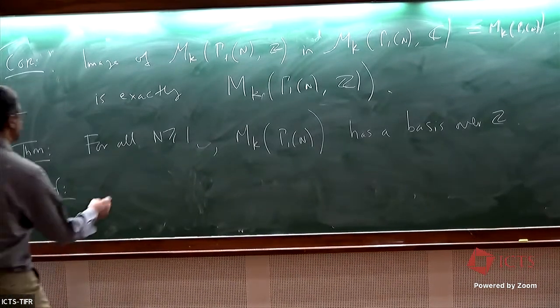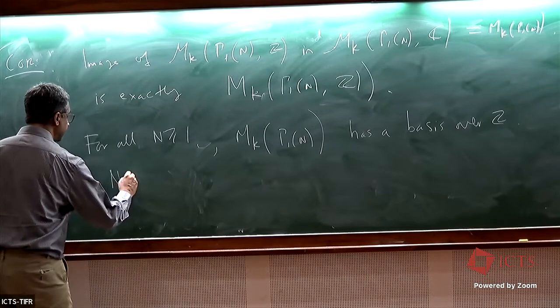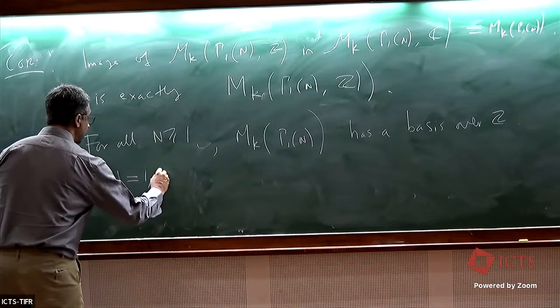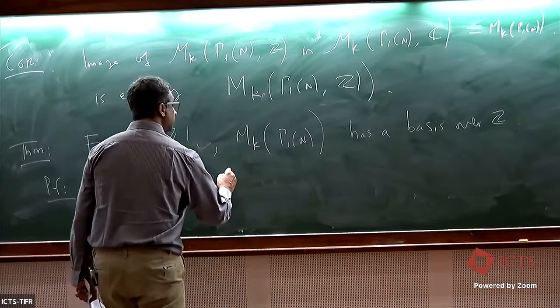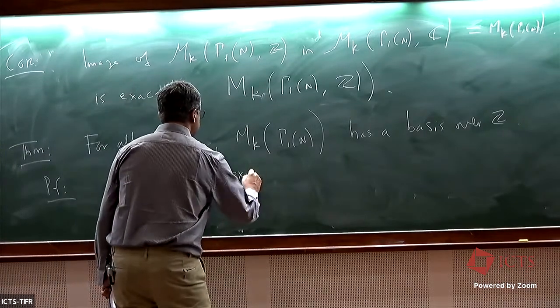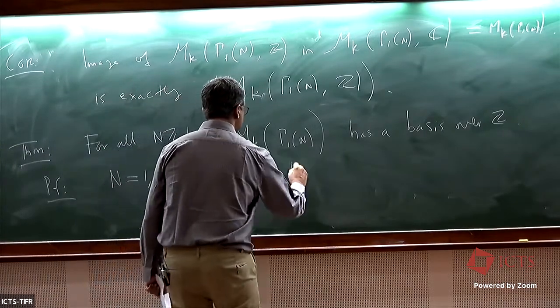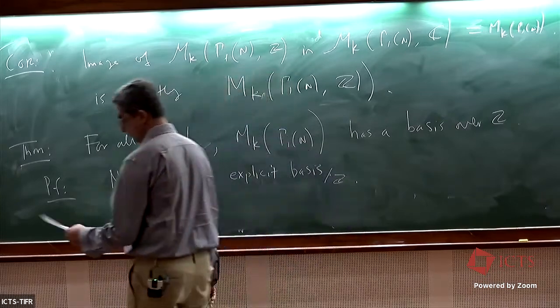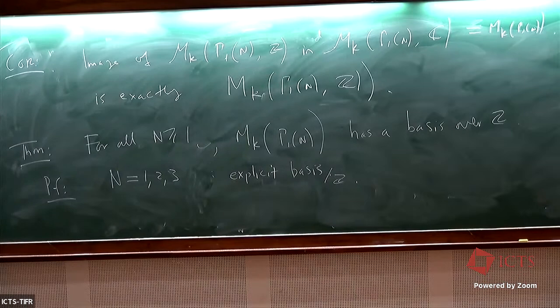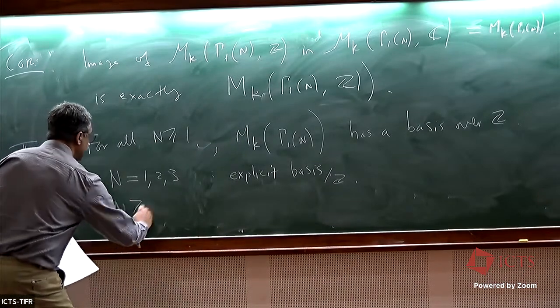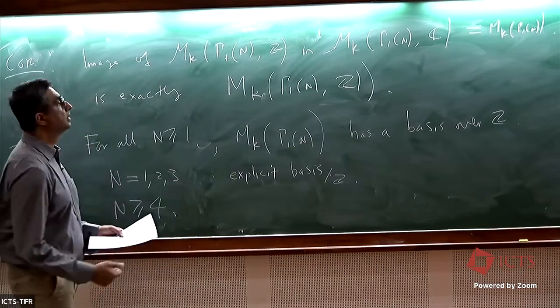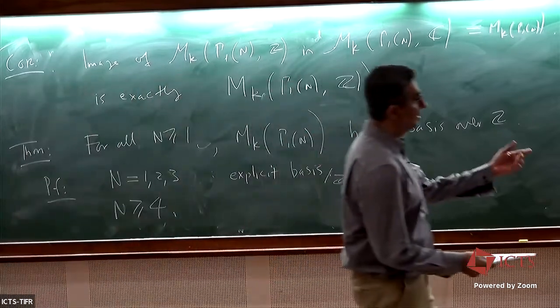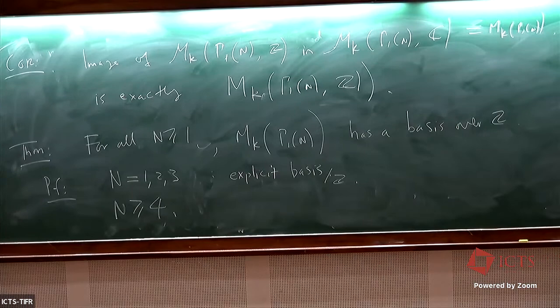For those cases, you have to do it by hand. We already mentioned the case n equals 1 many times, how to do it by hand. Write down some explicit basis over Z. So we'll get into explicit things here. And for n greater than or equal to 4, we can use the definition of these algebraic modular forms, the algebraic geometry definition of these modular forms.